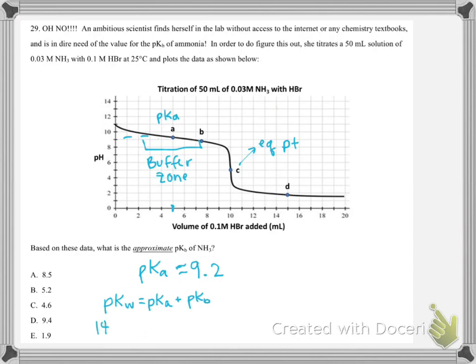So 14 minus that pKa of 9.2 will give us our pKb, which with my estimate comes out to be about 4.8. And then the correct answer is C, which is pretty close to what I've gotten.